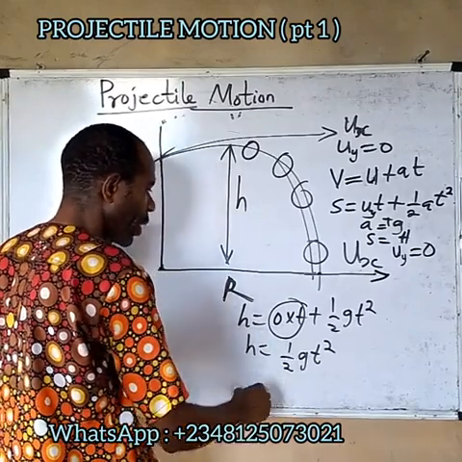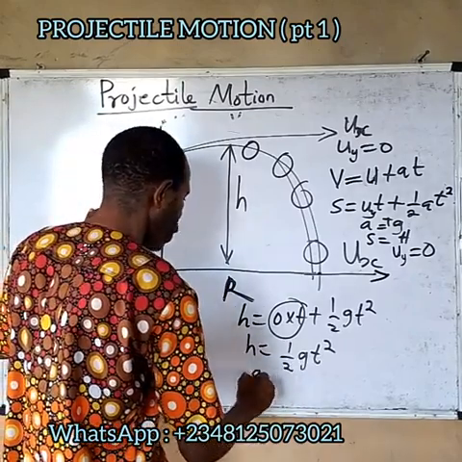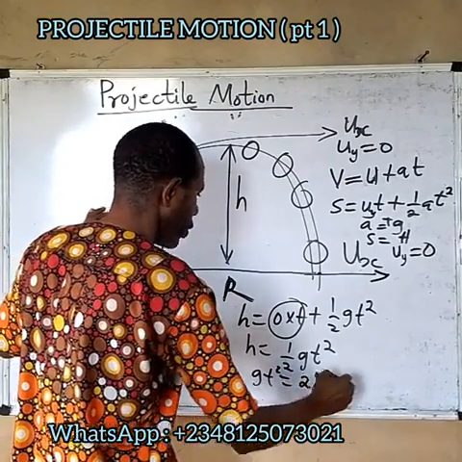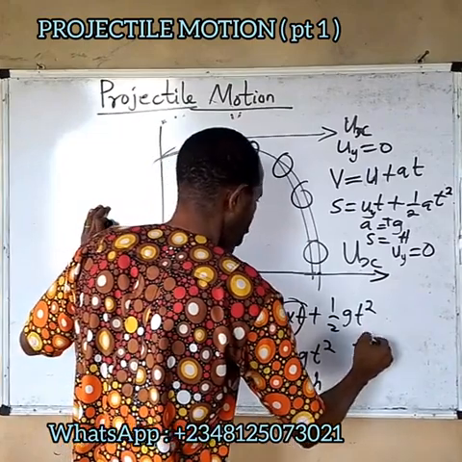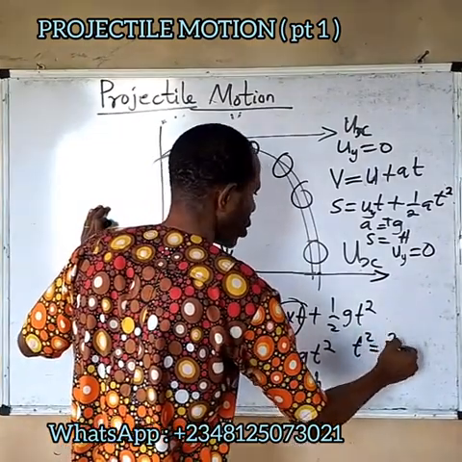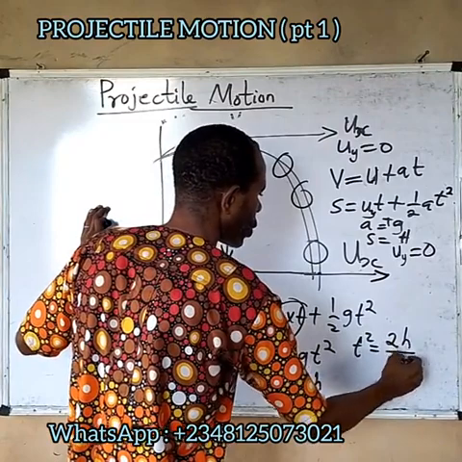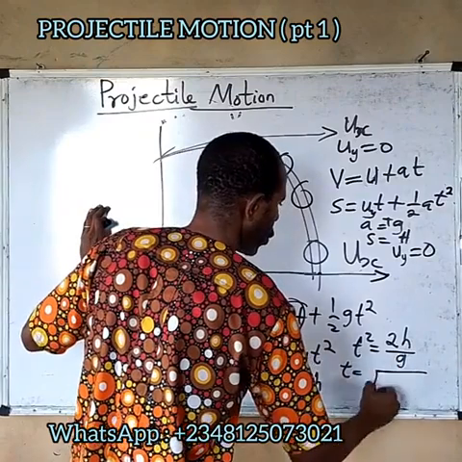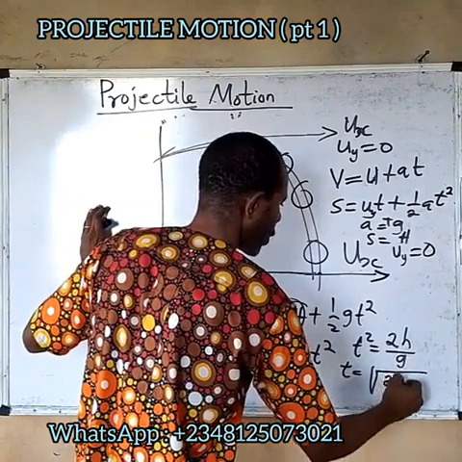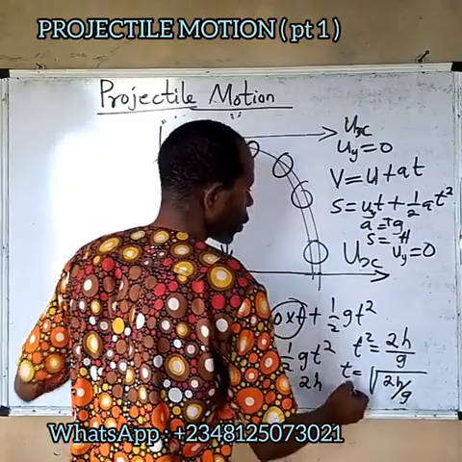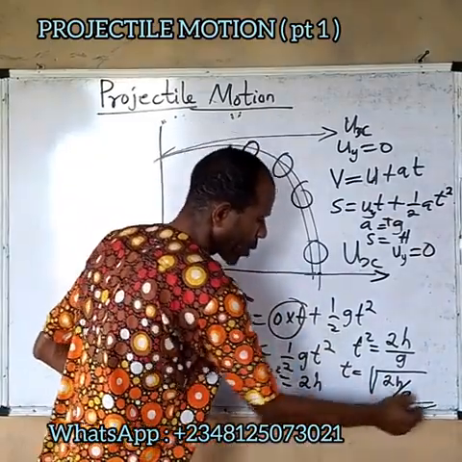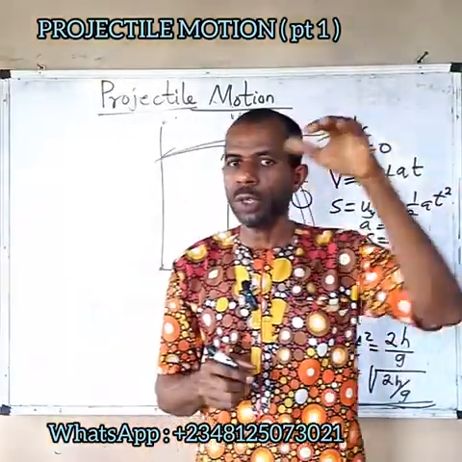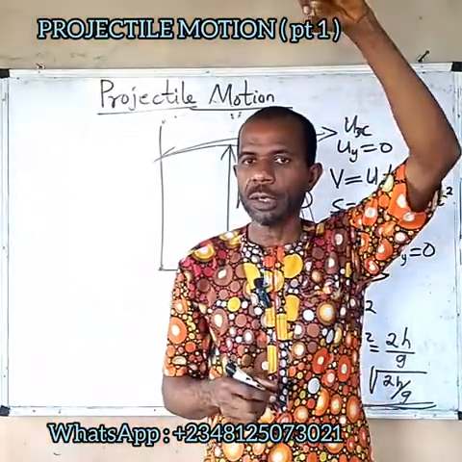Now this time of flight can be calculated as gt squared equal to 2h. So your t squared is equal to 2h all over g, which means t is equal to the square root of 2h over g. So this is your time of flight for a body projected horizontally from a height, from the top.